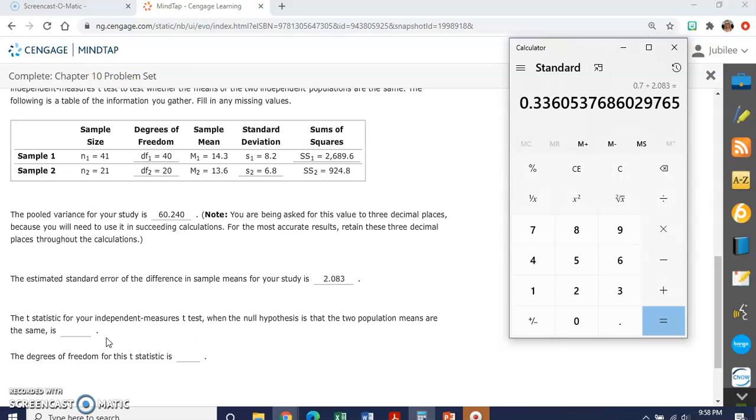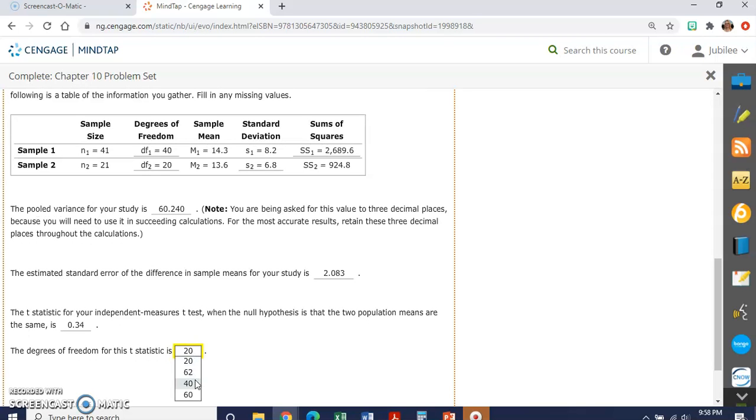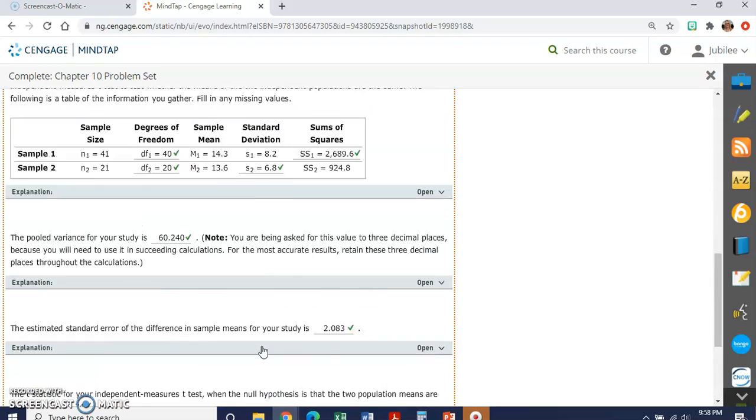And I got 0.336, so that would round to 0.34. And the total degrees of freedom for the t-statistic, I have to add both degrees of freedom together to give me the total degrees of freedom. So 40 plus 20 is 60. All right, let's see if I got them all right. And I did.